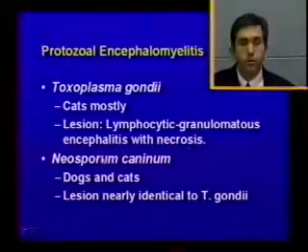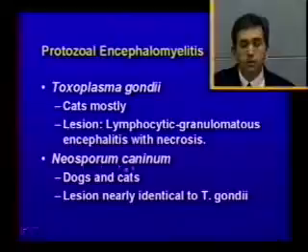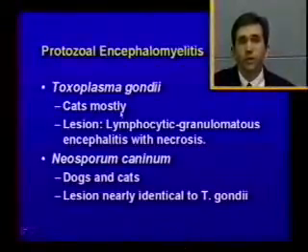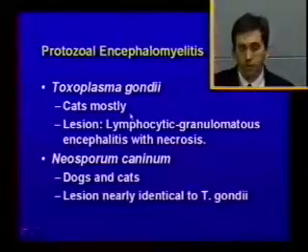It's very hard to distinguish that agent from another one known as Neospora caninum. They're very closely related agents, yet they're different. Neospora commonly affects dogs, but it can affect cats. And so these two agents should be considered in cases where a protozoal agent is seen in a spinal cord or a brain inflammation.